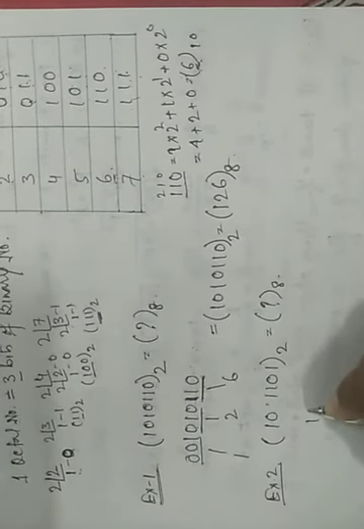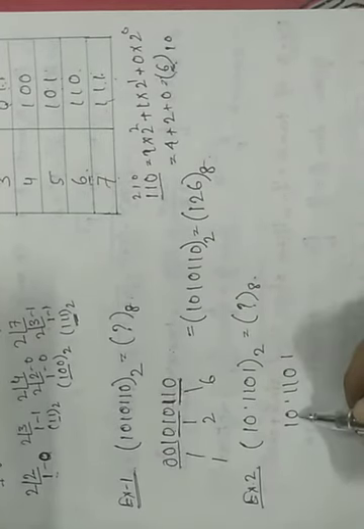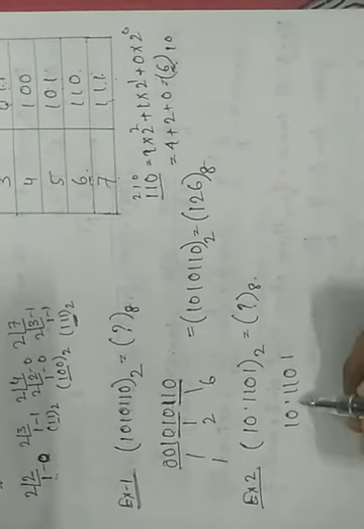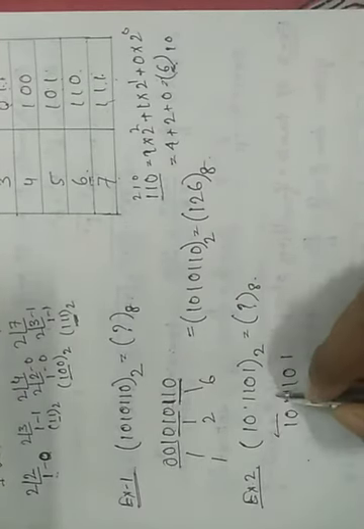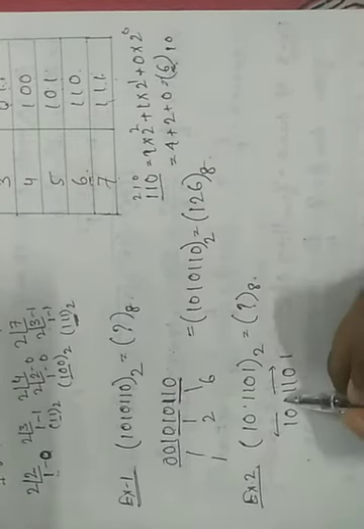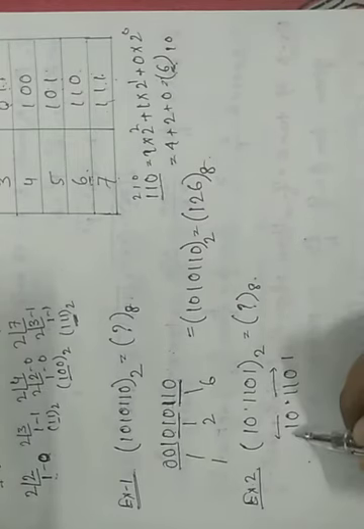For the integer part, we have to make groups of 3 from right to left, and for the decimal part we have to make groups from left to right, because for a decimal value, if we write any 0 at the right side, it will have no significant value, and for an integer value, if we write 0 on the left-hand side, it will not have any significant value.